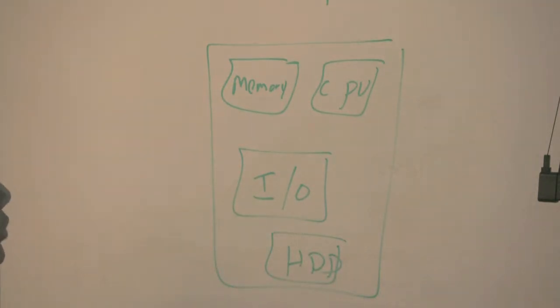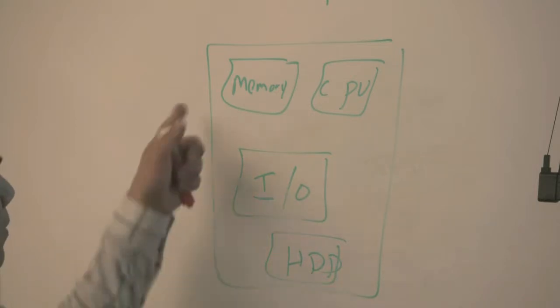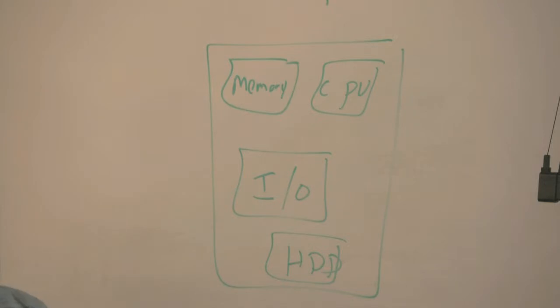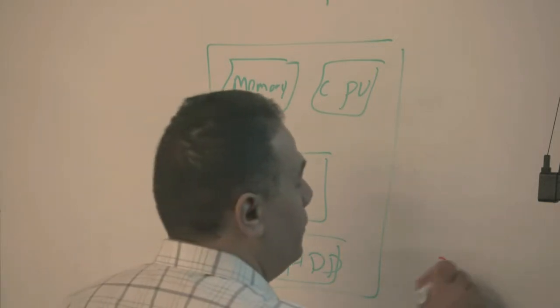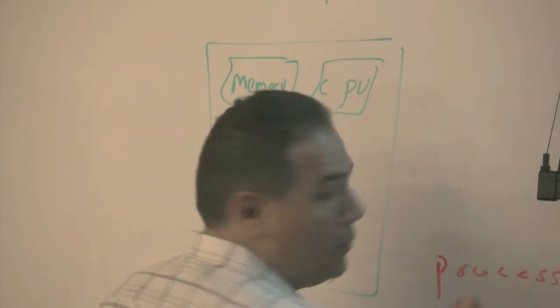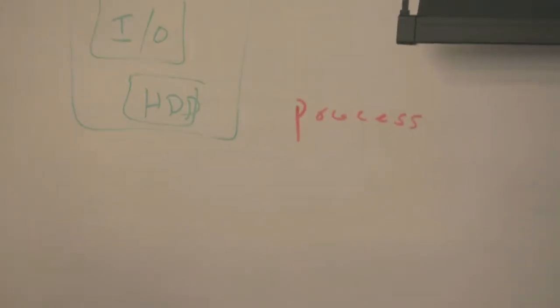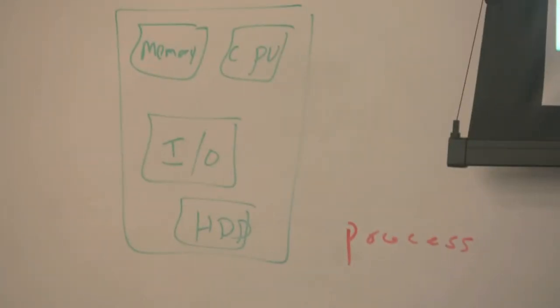Usually we have code, and when executed, we load it in the memory. What are we creating? A process. Multiple processes are running. The resources for the processes are the memory and the CPU.